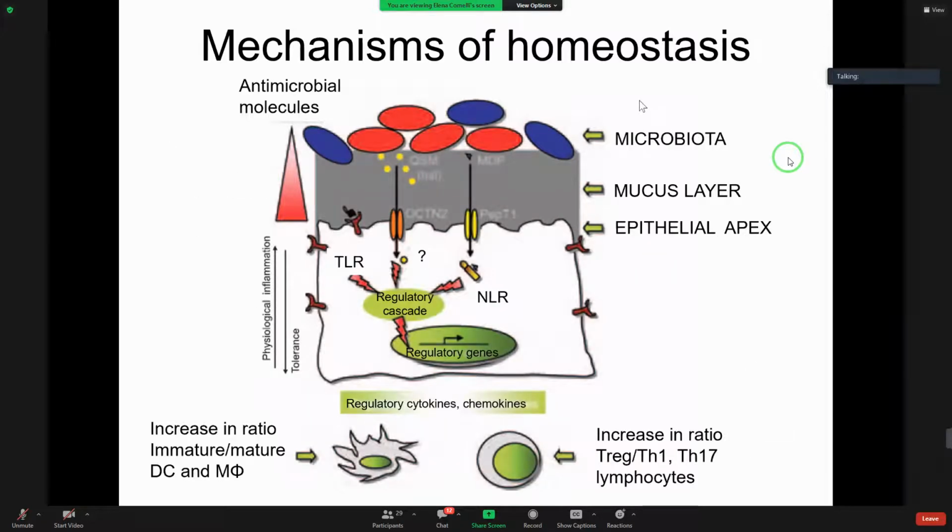So, as you know, there are several mechanisms that underlie homeostasis in the intestinal tract. And this is a representation of an intestinal epithelial cell, which shows the apical side, which is towards the lumen, and the basolateral side, the apical side covered by the mucus layer that we learned a lot about, and the microbiota residing on or embedded within the outer layer of the mucus layer, and anyway towards the lumen. And then there are mechanisms in place for the intestinal cells to maintain a situation of tolerance.